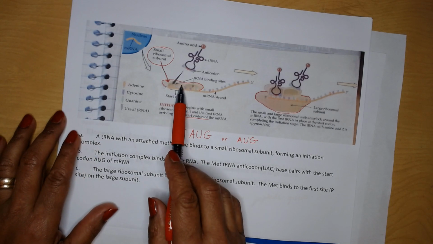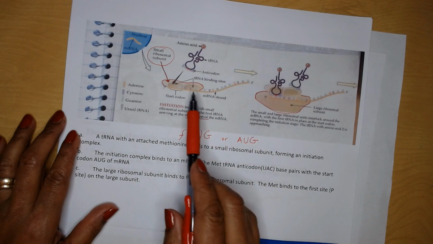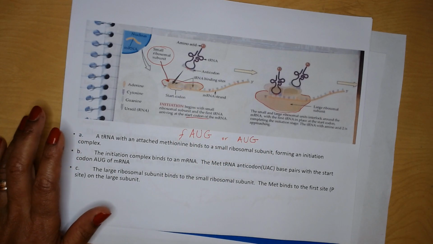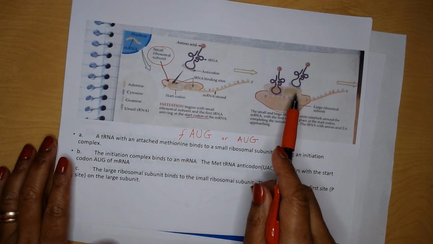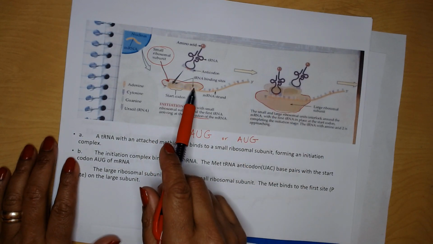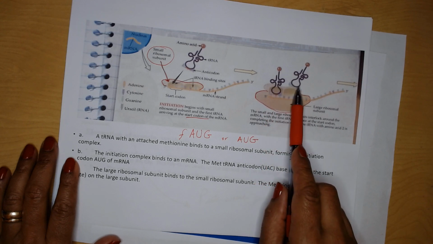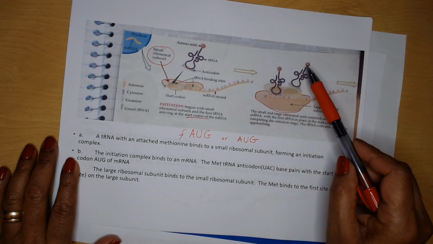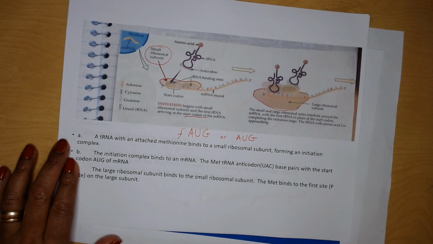They are going to bind, and then after that, the larger subunit is going to also interlock with the small subunit, creating now the site for 2 tRNA to be in close proximity, so that we can create peptide bonds between the two amino acids that are attached on top.